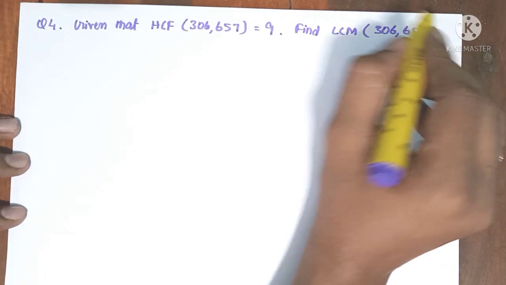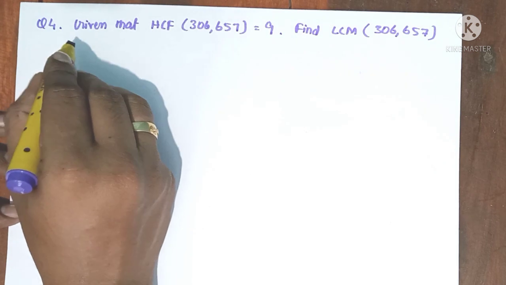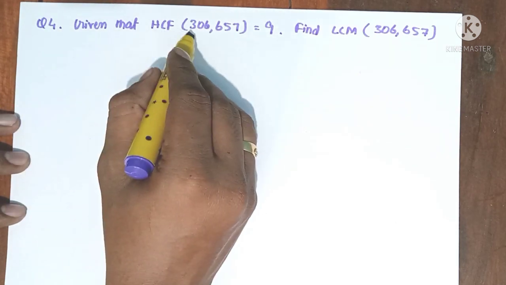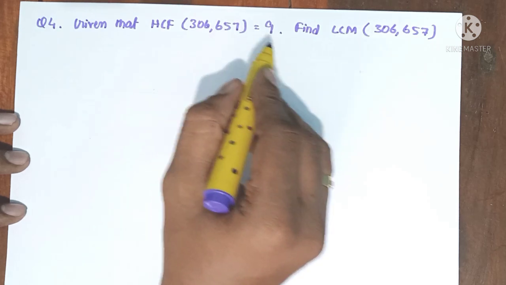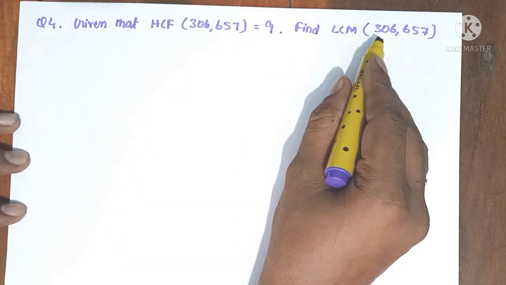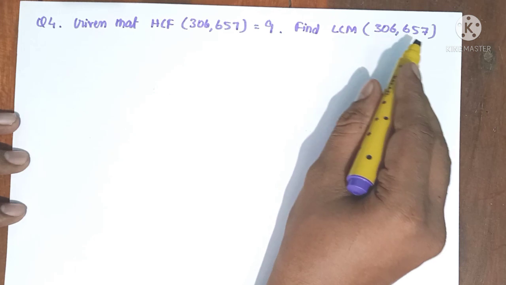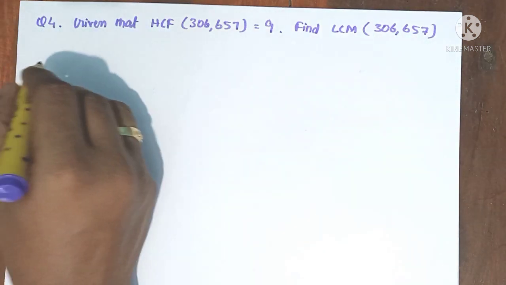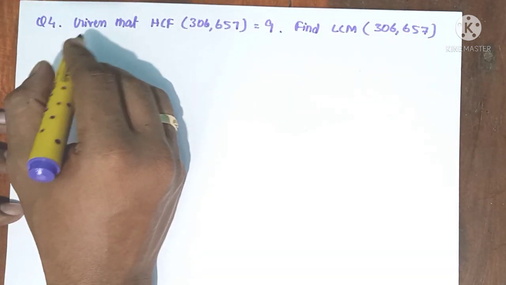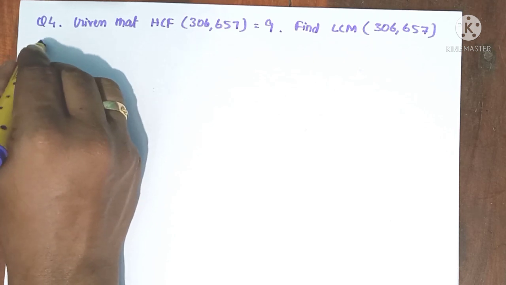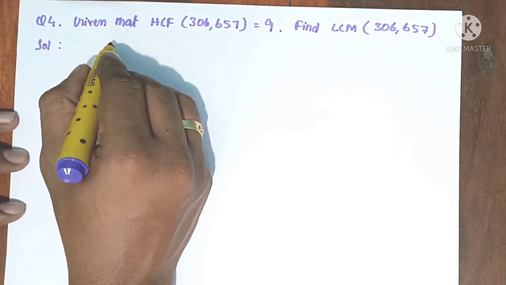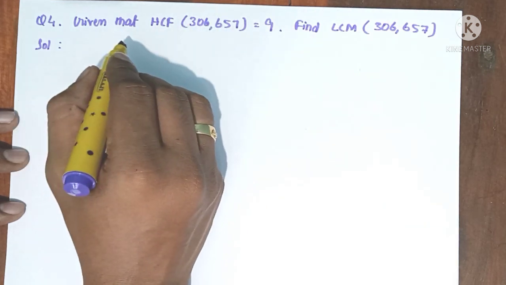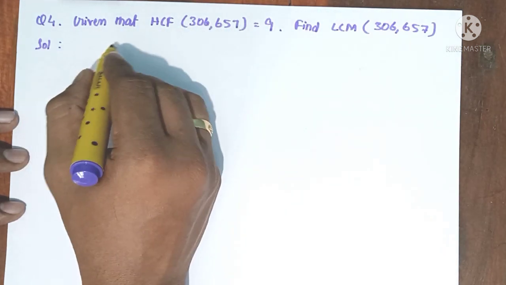Now let's see question number 4. What is the question? Given that HCF of 306 and 657 is 9, find LCM of 306 and 657. Okay, so the solution: the first number is 306 and the second number is 657, and HCF is also given.